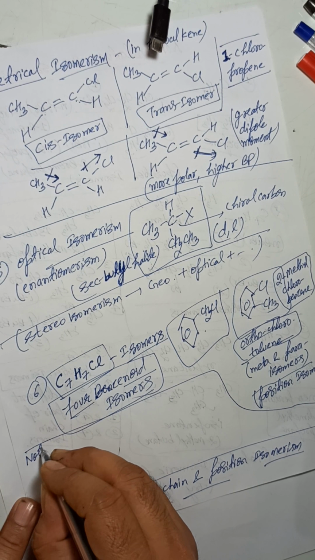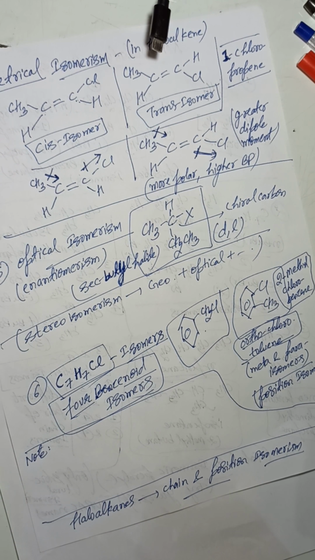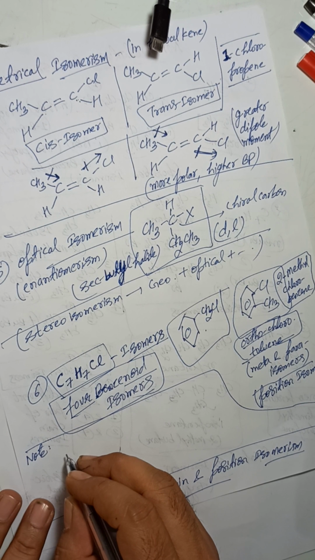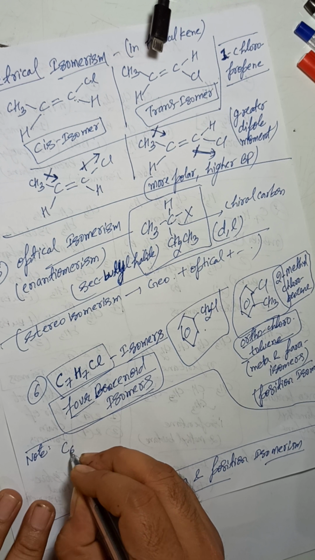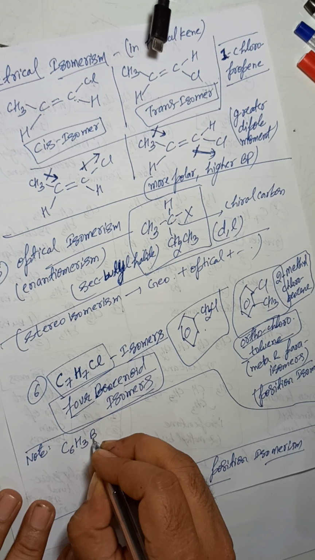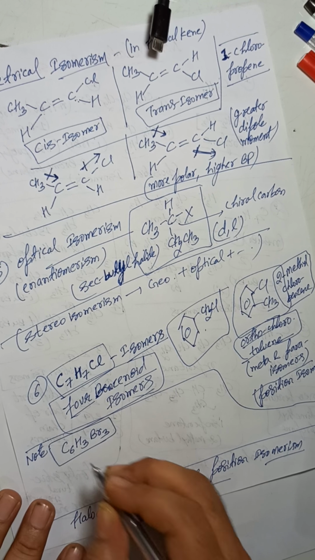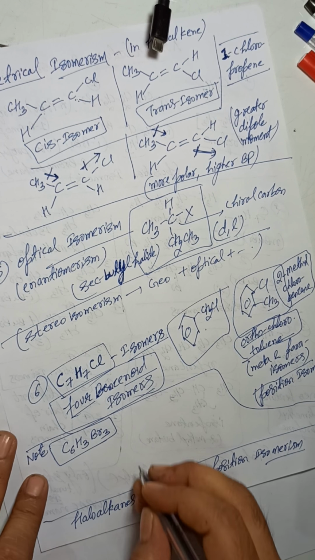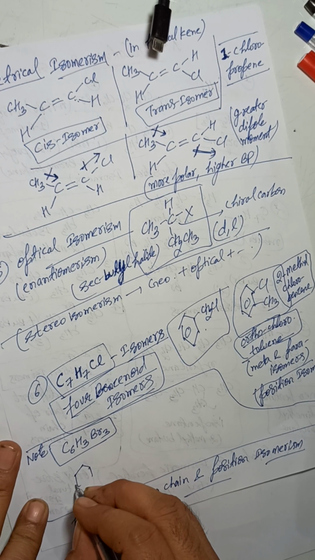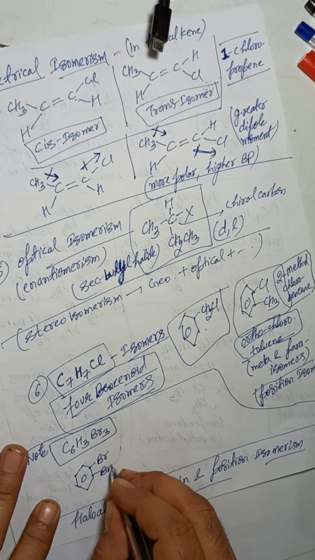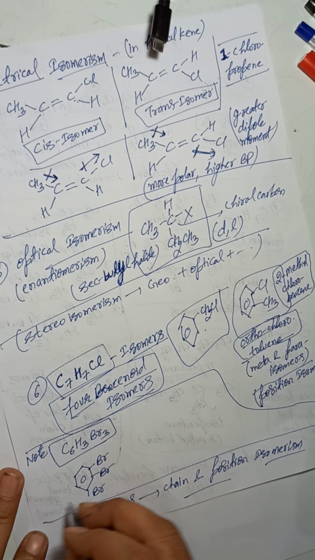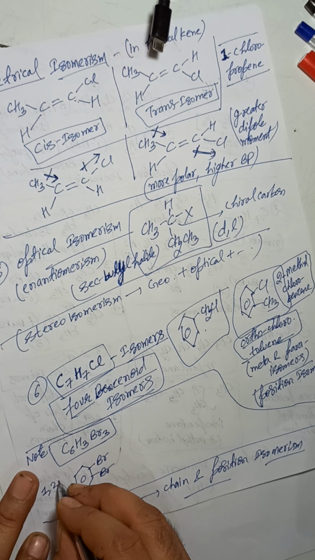Note. C6H3Br3. How many isomers? Br. This is like 1, 2, 3.